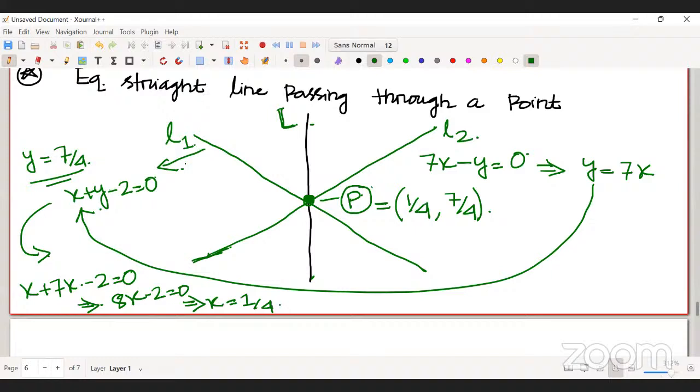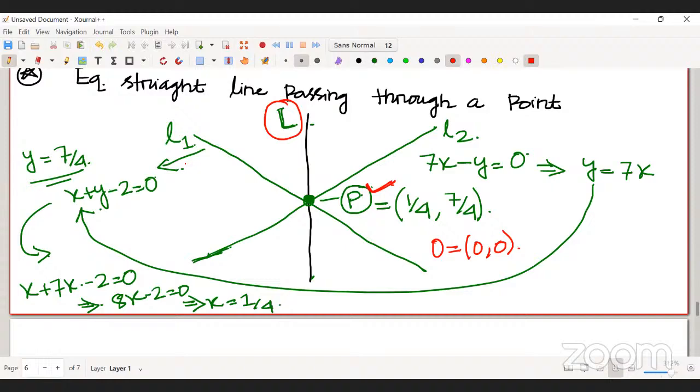And this line L passes through P as well as the origin 0, 0. Now you can easily find the equation of L, because you know two points of that line.